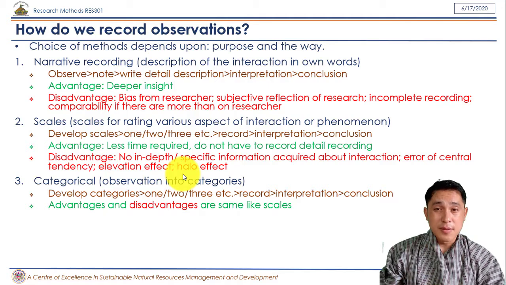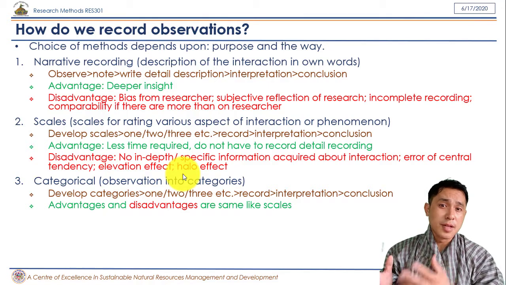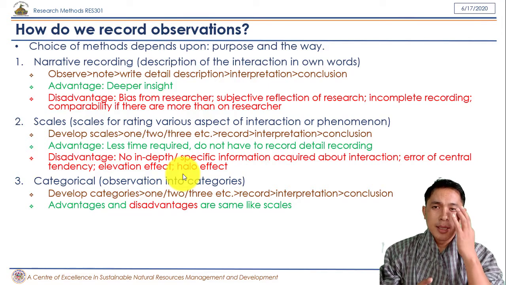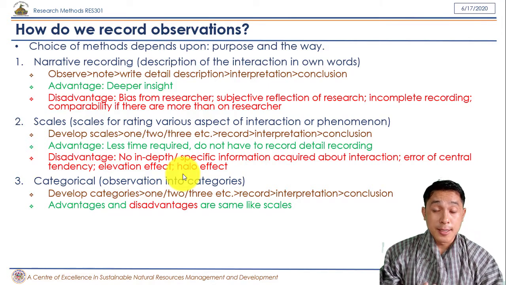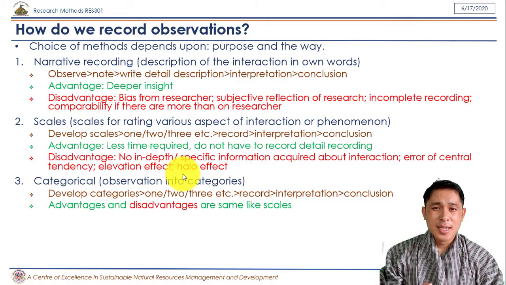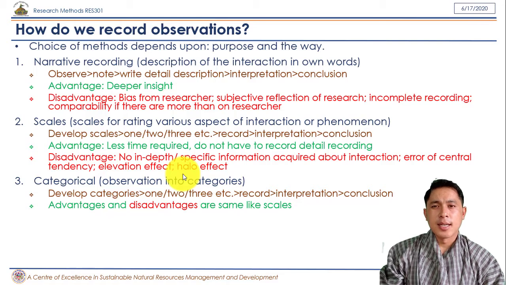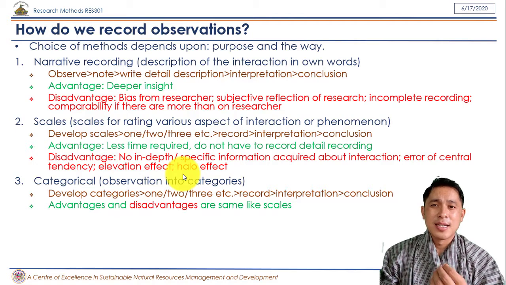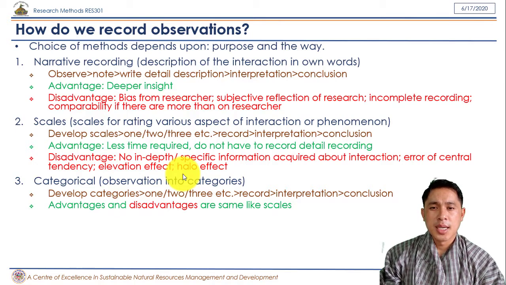So that kind of different kinds of moods can be kept as different categories. A category of animals can be like cat family, ungulates, reptiles. So that kind of categories can be generated, but scale is a little bit narrowed to one category.